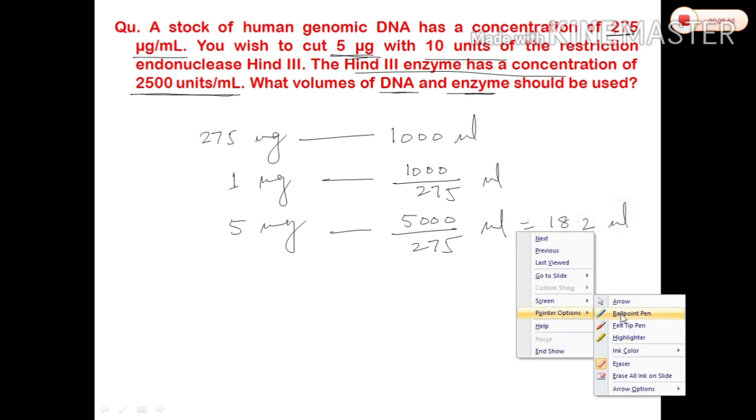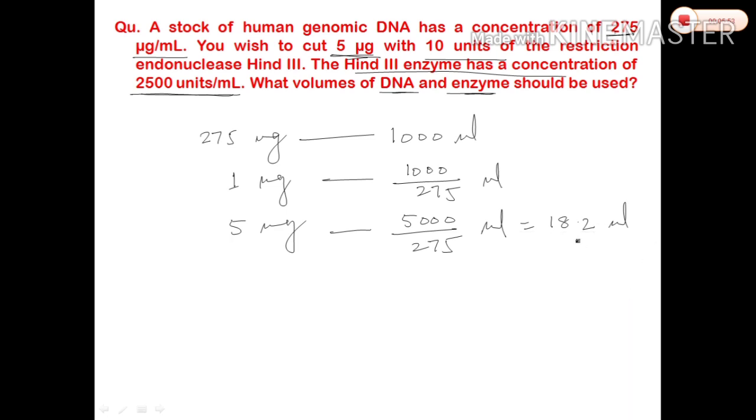Another part of the question is what is the amount of HindIII, the restriction enzyme. The information given is that 2500 units of the restriction enzyme is there in 1000 microliter.